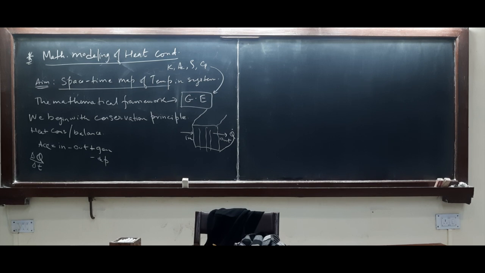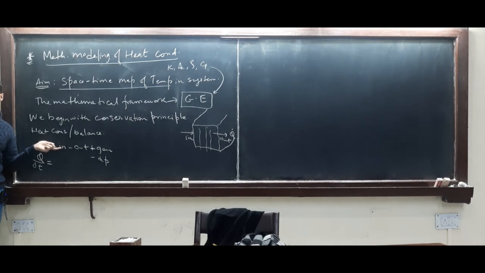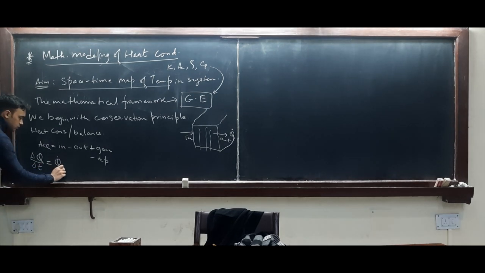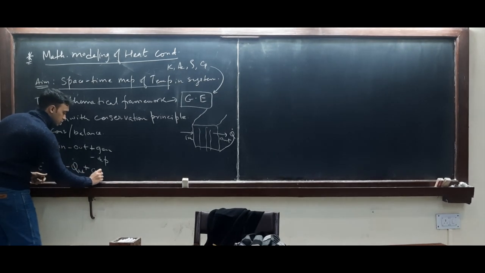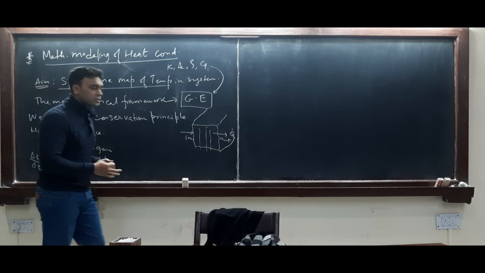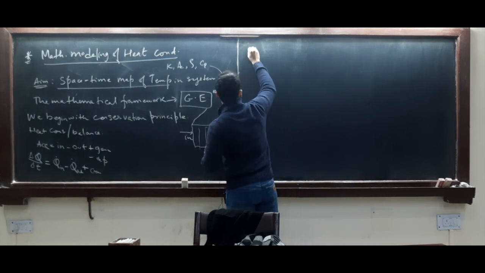Accumulation is occurring over time, right? This is equal to in and out. What is this? Heat in or heat rate in? Rate. Heat rate in, right? Plus some generation.